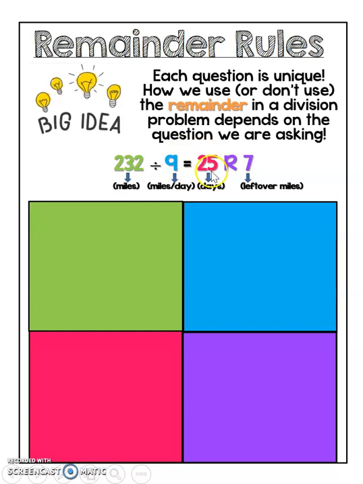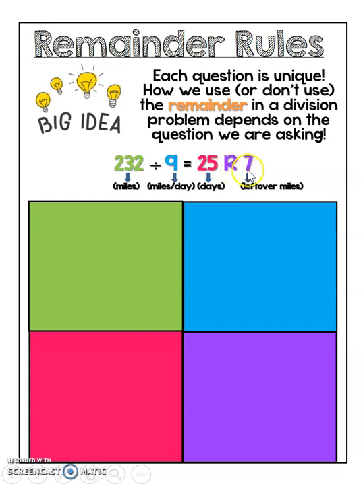And then when I did the math, I got 25 remainder 7. I had to figure out what each part of the quotient and remainder meant. Since the family was hiking 232 miles and they were dividing it into groups of 9 miles per day, I knew that the quotient, the equal groups part of my answer, meant that they did 9 miles over 25 different days.